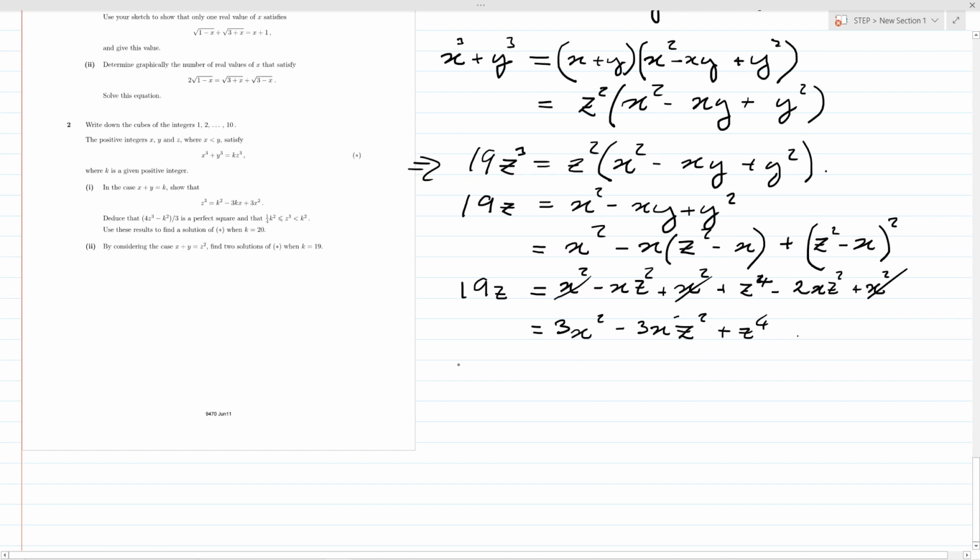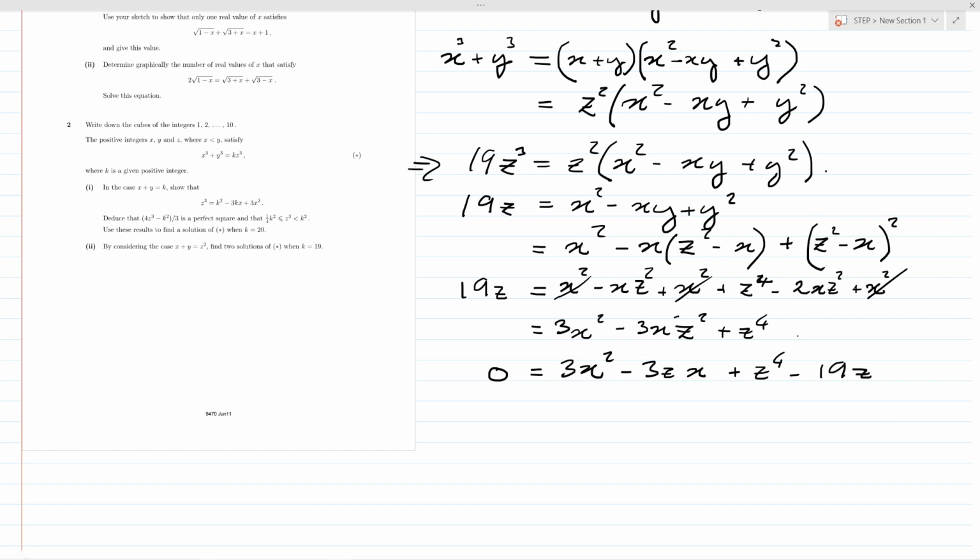We have another quadratic. So the idea is to use that fact. And if we set this equal to 0, we're going to get 3x squared. And then I'm going to write this as 3z squared x, and then plus z to the 4 subtract 19z. And thinking of this as a quadratic will help us solve the problem, hopefully.